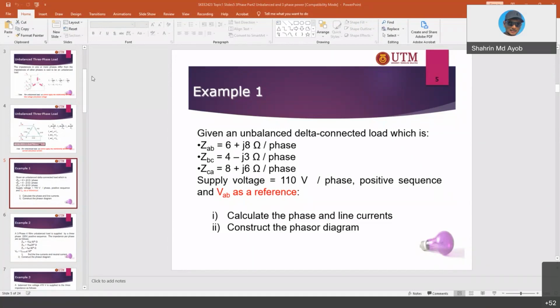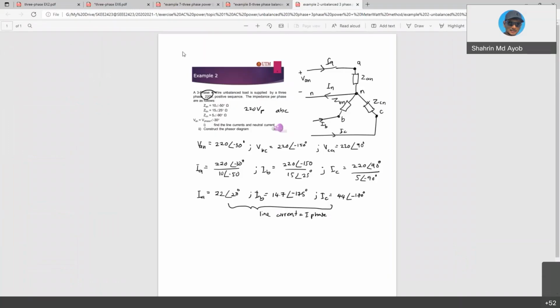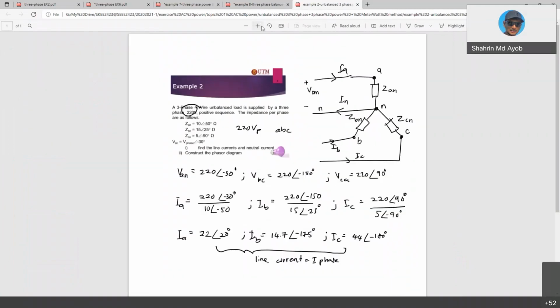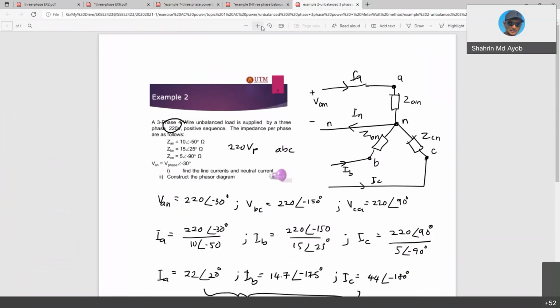This one, unbalanced, example 2. Is it this one? Oh, no. Example 1. Is it example 1? Okay. Example 1. Oh, there is none.